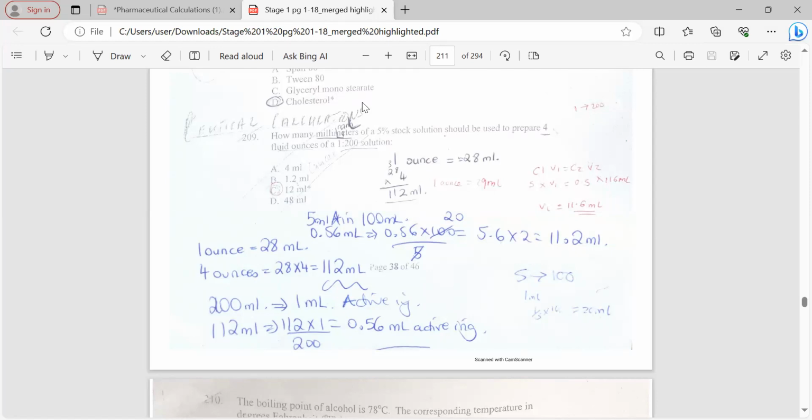So what do we get? We get 0.6 ml. 0.6 mLs.